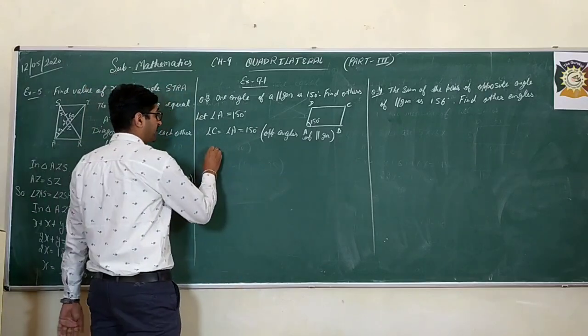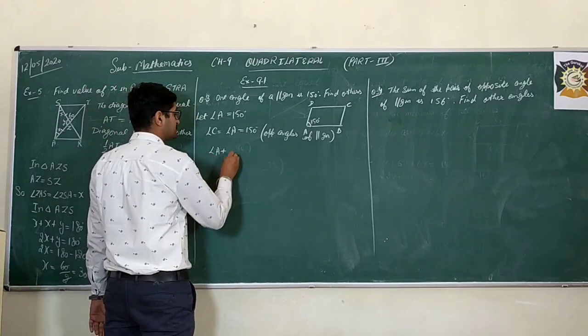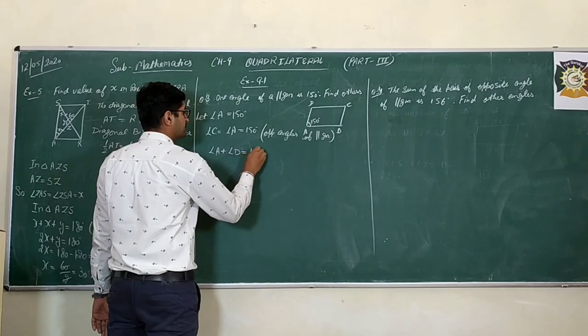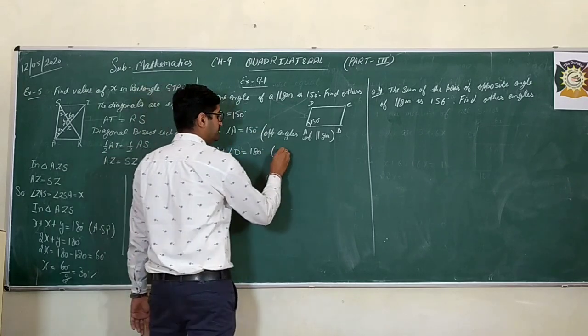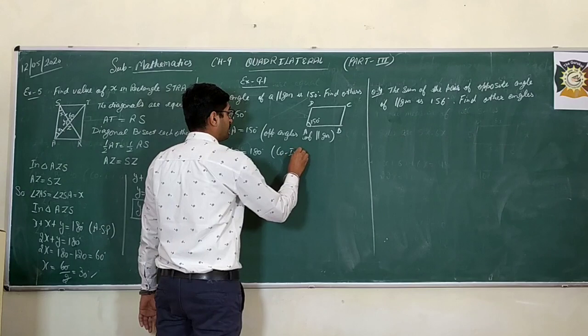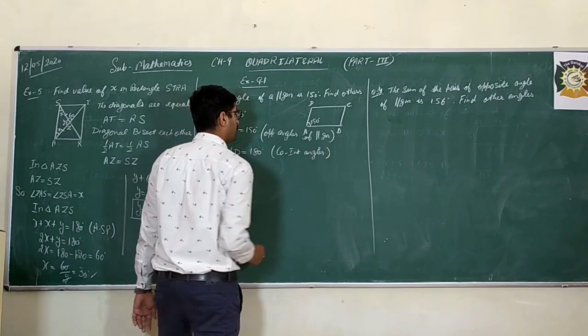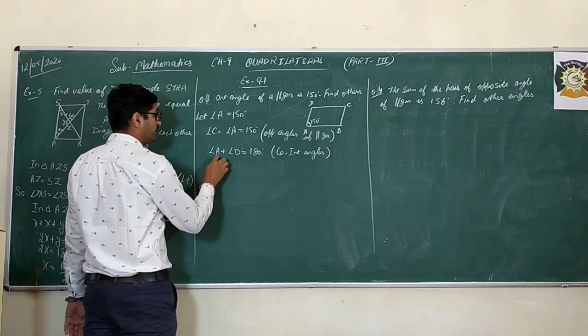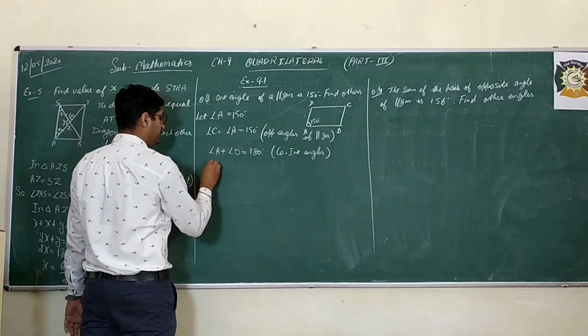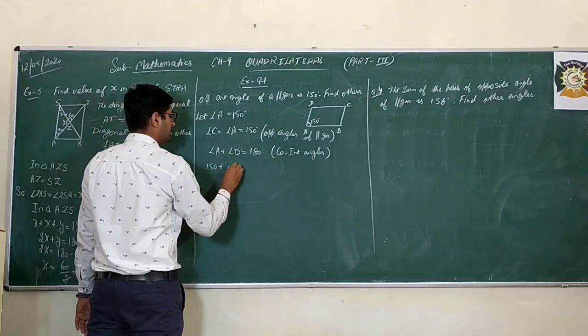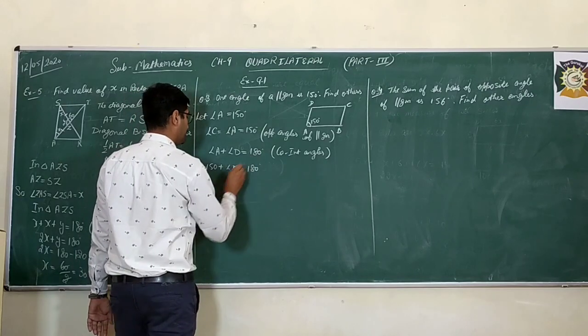Also, angle A plus angle D is equal to 180. These are co-interior angles. Now we know the value of angle A is 150. So 150 plus angle D is equal to 180.